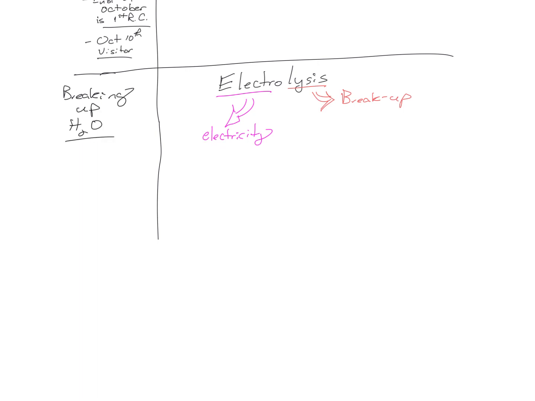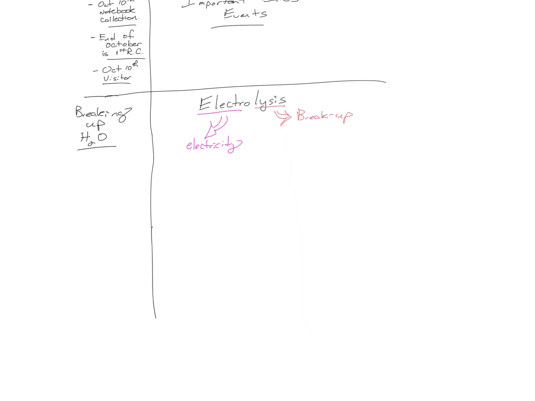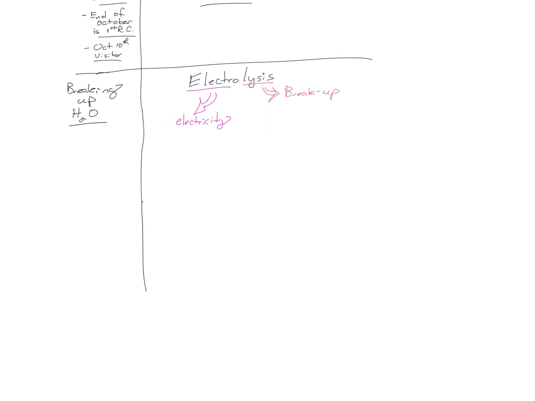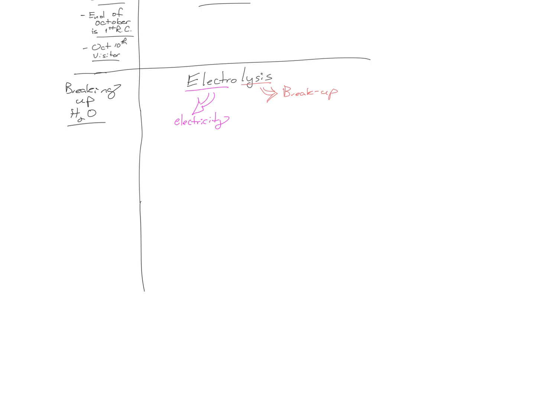We're going to break up H2O. Notice I'm summarizing on the left. I'm reducing on the left. You might do it backwards, but in either case, you're reducing, making things make sense to you.